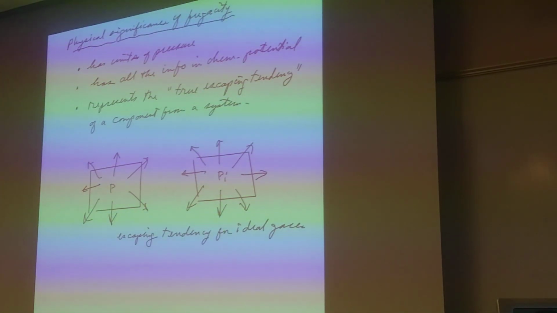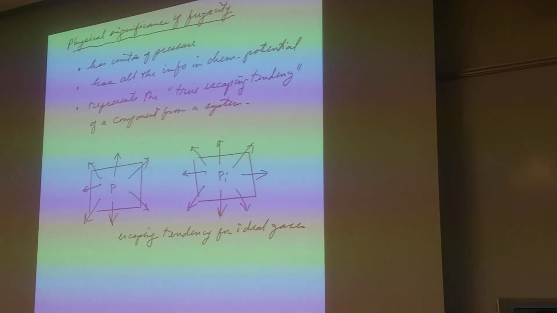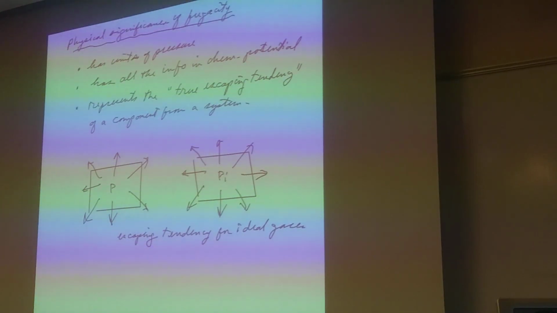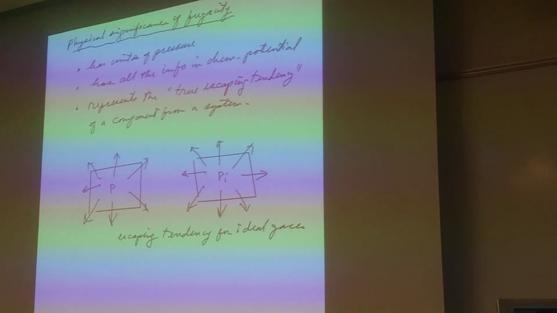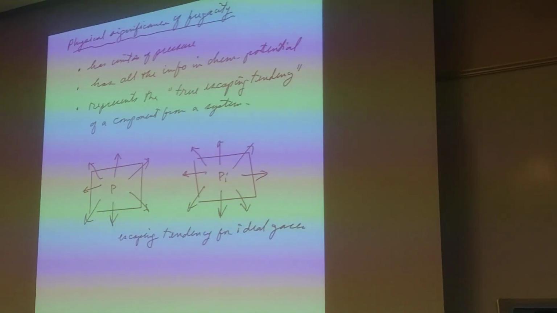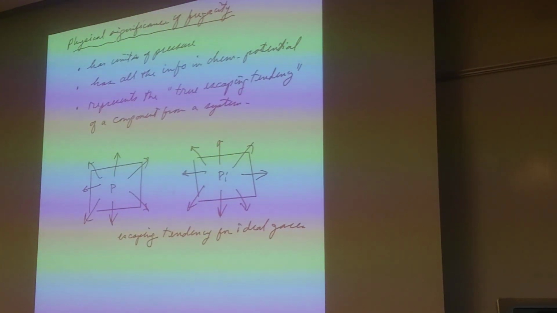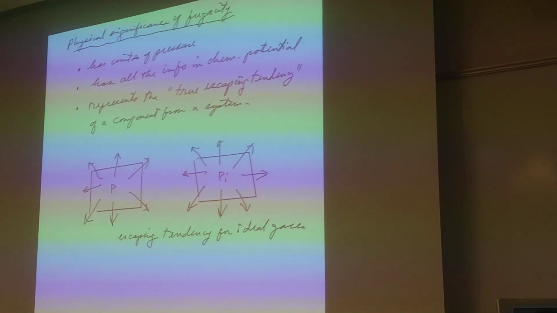Now let's think about it for a moment. If the gas is not an ideal gas, but it's another one described by perhaps one of the equations of state that we have, then the true escaping tendency might not be as large as the pressure P, for example, because there are, on the net, intermolecular attractive forces that kind of hold it back. So if we correct for that, then we can use as the corrected pressure or corrected escaping tendency the fugacity.